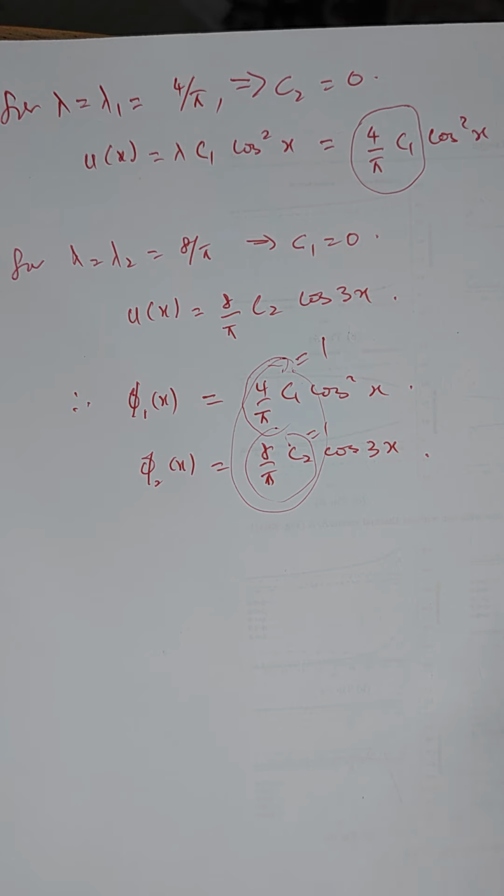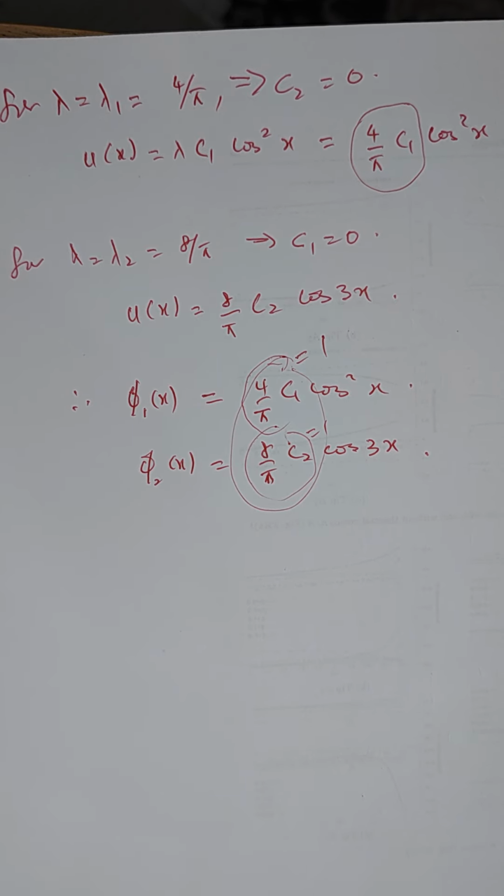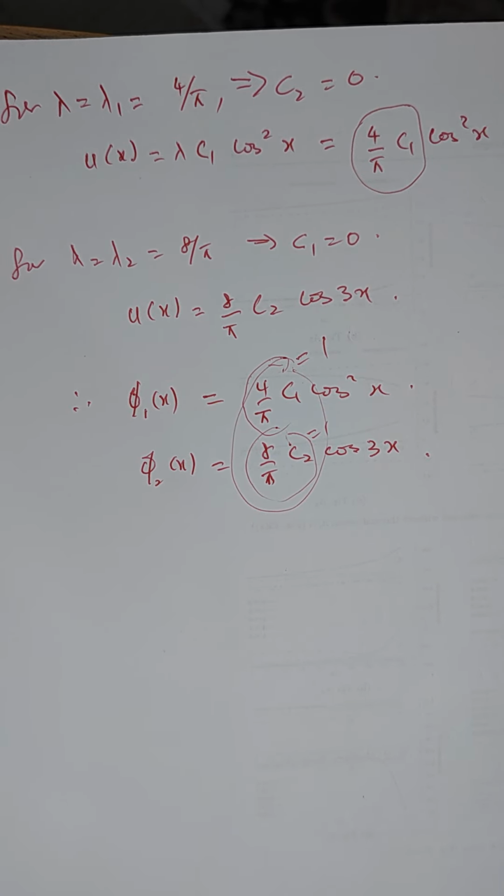And I gave two examples of how to solve the homogeneous Fredholm integral equation with a separable kernel. In the previous video I also gave an example on almost this, for the separable kernel.